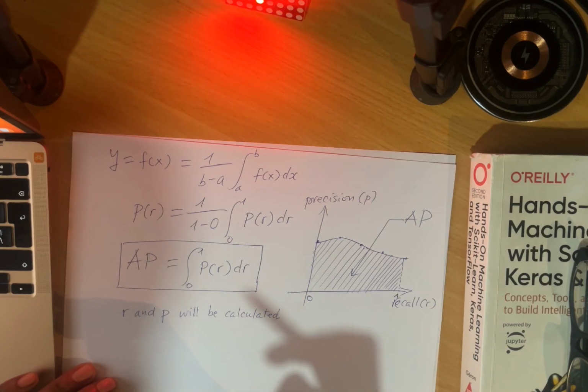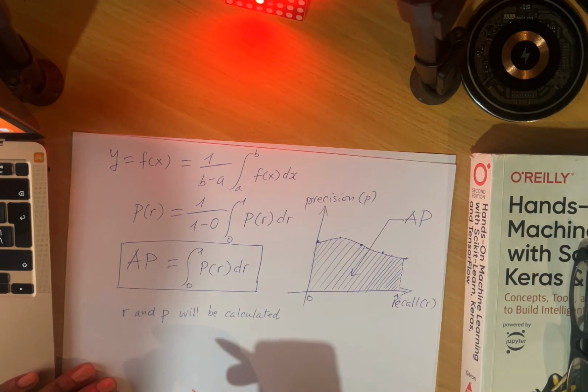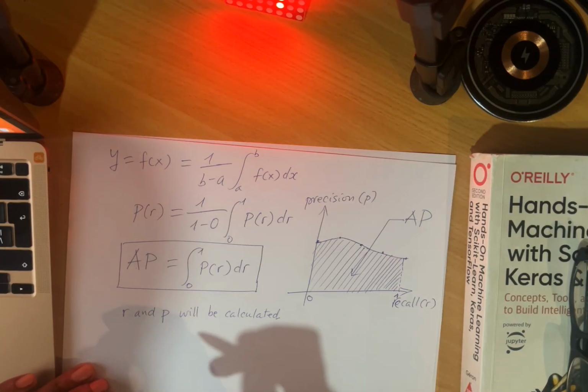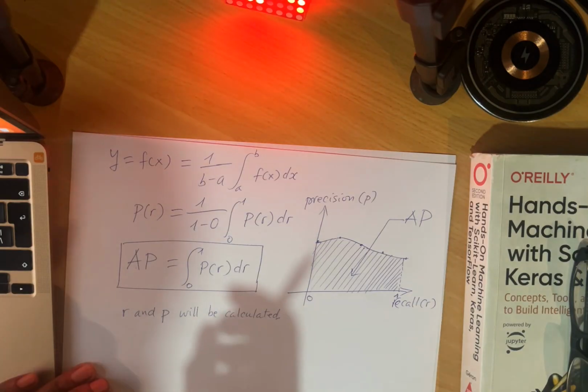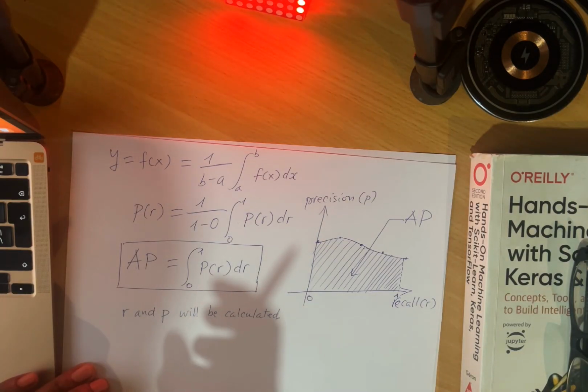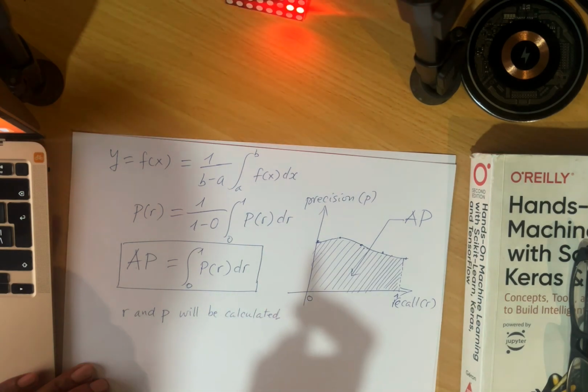Threshold is like a cutoff point, like a certain confidence. The confidence is calculated based on overlap between the ground truth bounding box, or labeled bounding box, and the predicted bounding box.